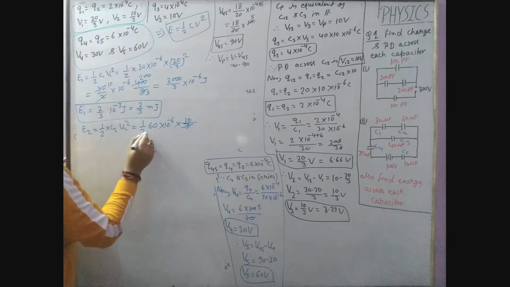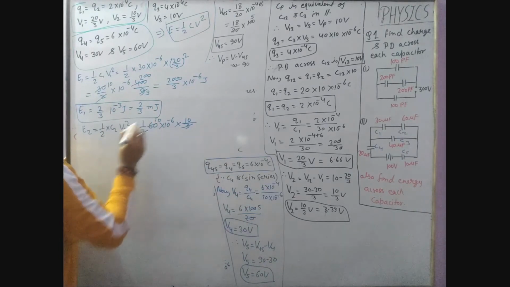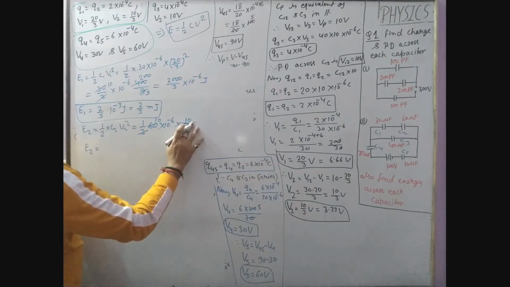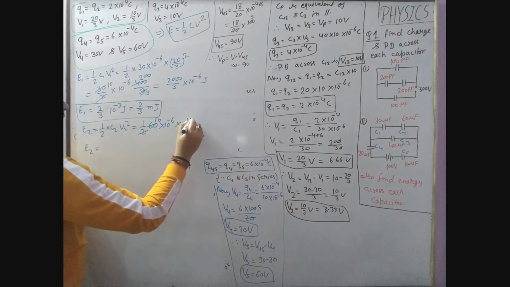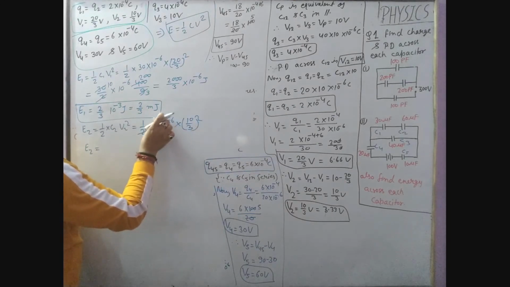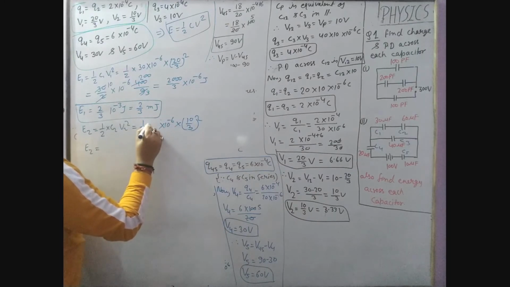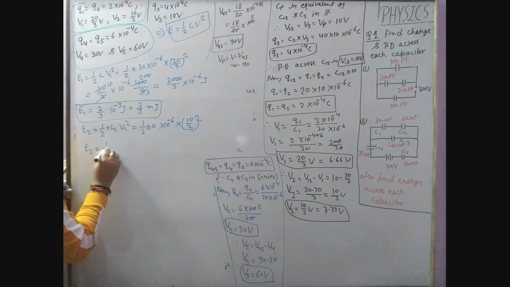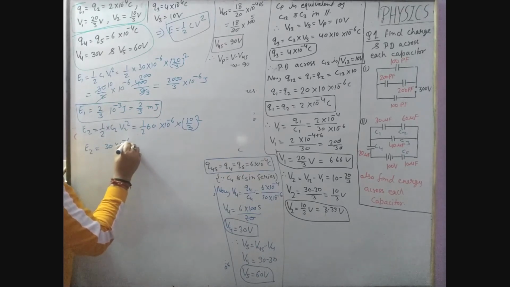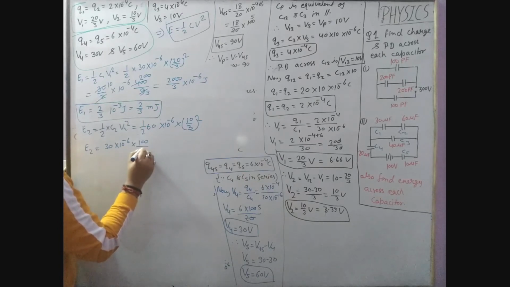Now this 3 cancels with this 10, so this will be 30 into 10 to the power minus 6 into 100 upon 9.